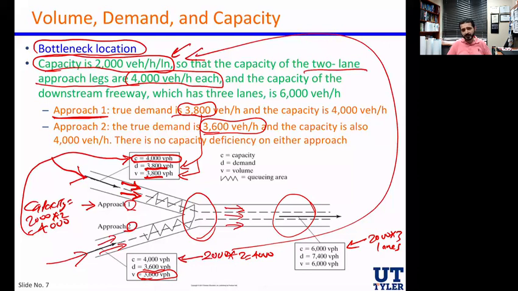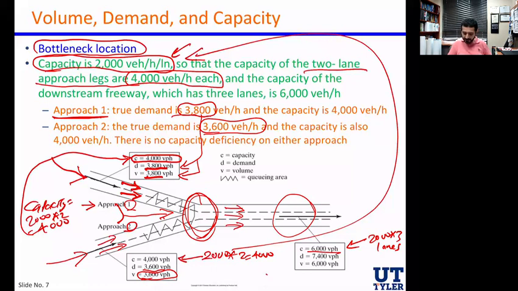But what happens now is, once these two approaches join together in this bottleneck situation, all of a sudden the capacity is fixed. It's 6,000 vehicles per hour. That's not going to change. But look at what's going to change.